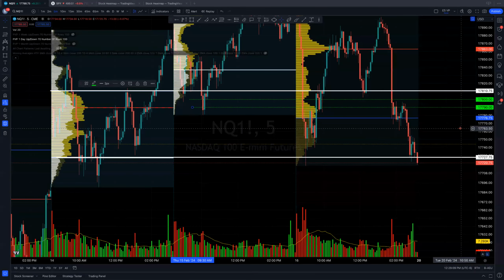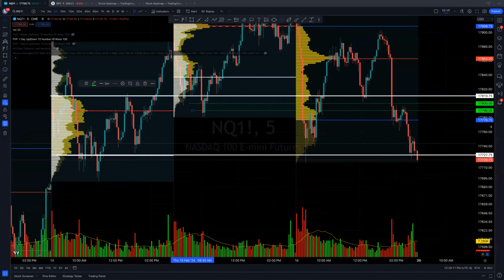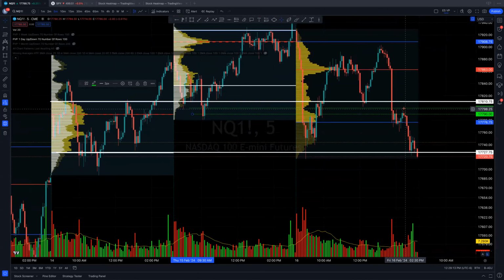Pretty simple. If we look above here on 1800, we had strong momentum from the buyers here, had some here, here, here, and that was pretty much it.